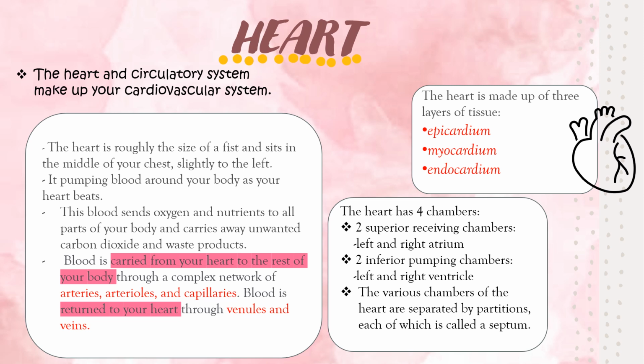The various chambers of the heart are separated by partitions, each of which is called a septum. So we're going to look at it in an easier way in the next slide.